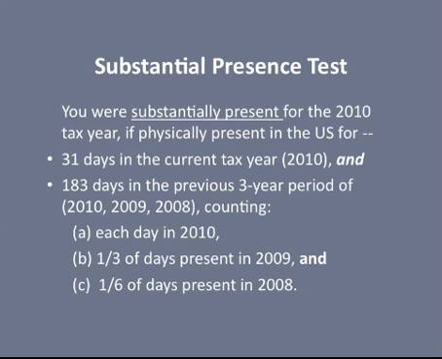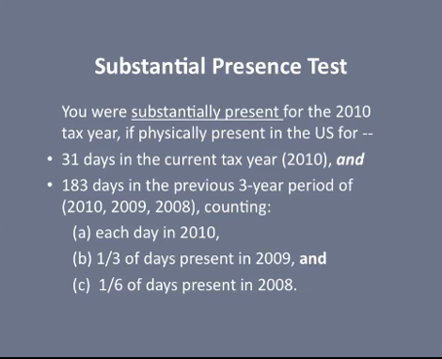The IRS considers one to be substantially present for the current tax year, in our case 2010, if you were physically present in the U.S. for at least 31 days in the current tax year 2010, and you are physically present in the U.S. for 183 or more days during the 3-year period that includes the current tax year and the 2 years immediately preceding the current tax year.